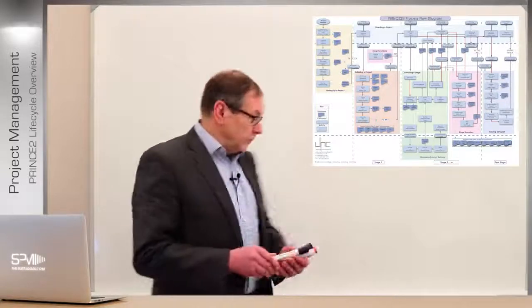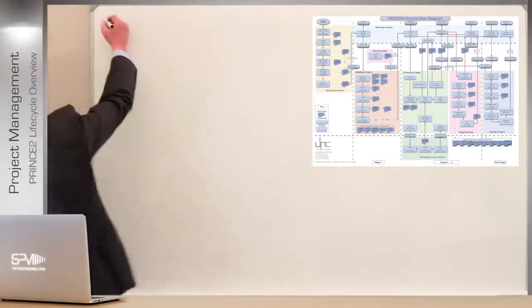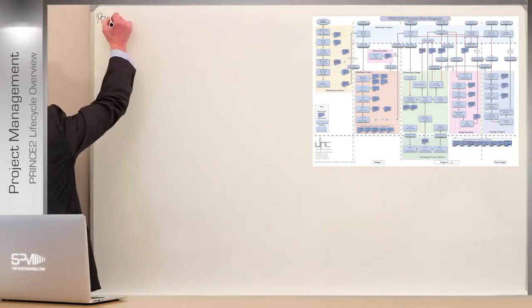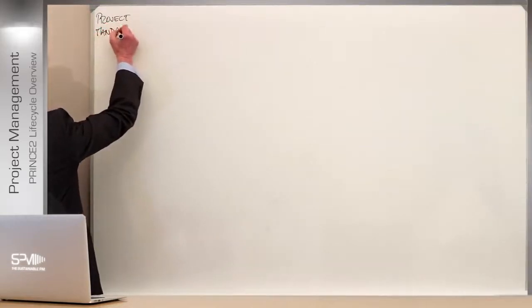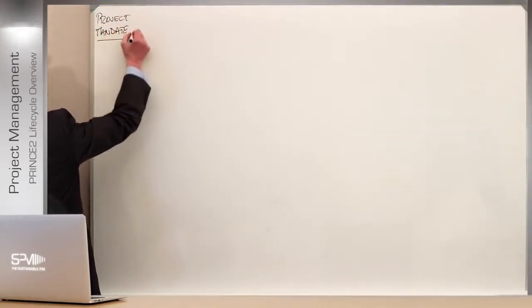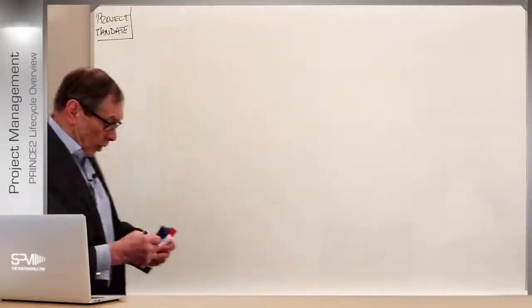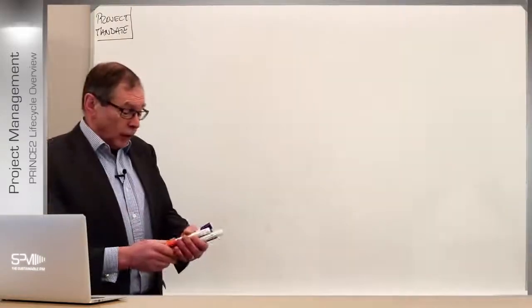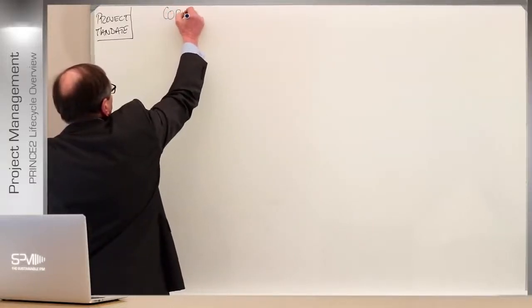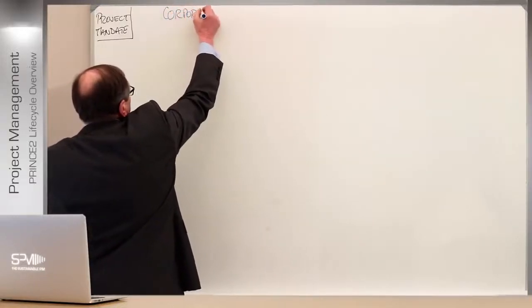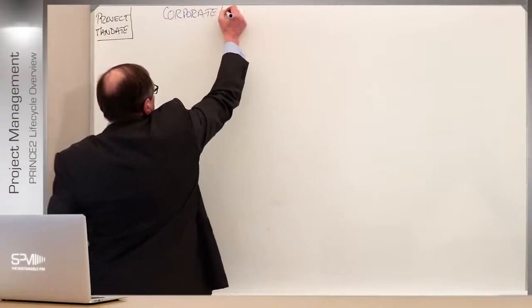So the first thing that we have in a project, of course, that kicks it off from a PRINCE2 point of view is the project mandate. Now, this is a form of document, whatever it happens to be, that will come down from the corporate or program body.